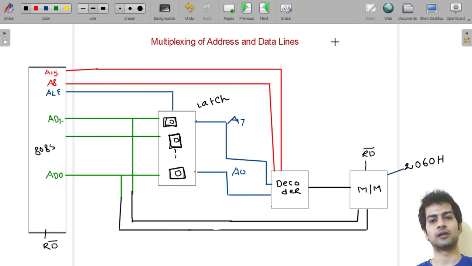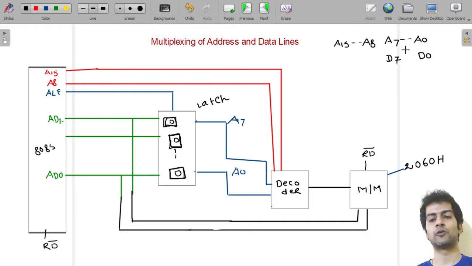We discussed earlier that there are a total of 16 address lines, denoted A15 to A8, known as the higher order address lines, and A7 to A0, called the lower order address lines. We also discussed that there are a total of 8 data lines in the microprocessor.